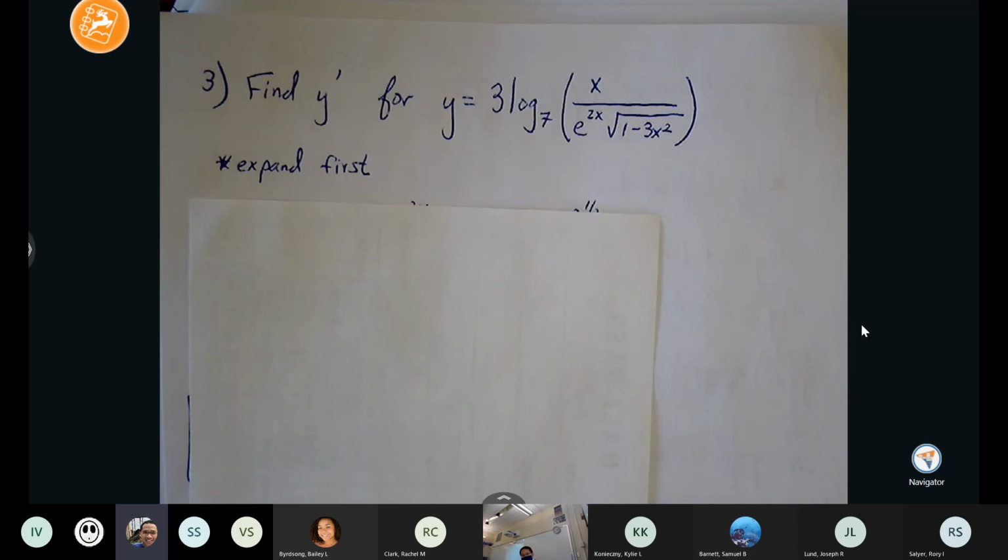And that 3 is going to tag along to every term. There's going to be a 3 in front of every log term that we expand.